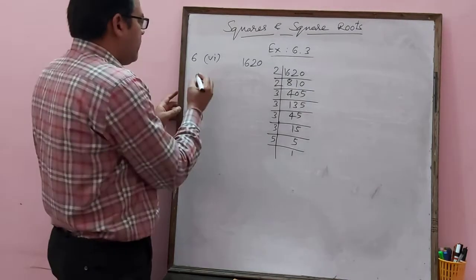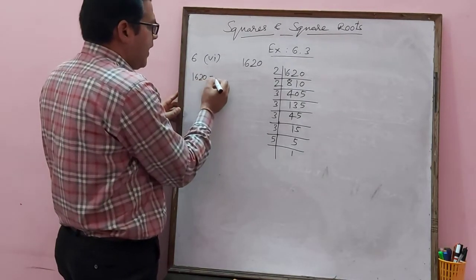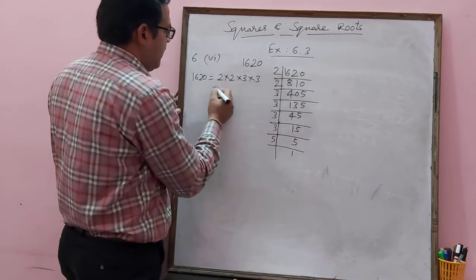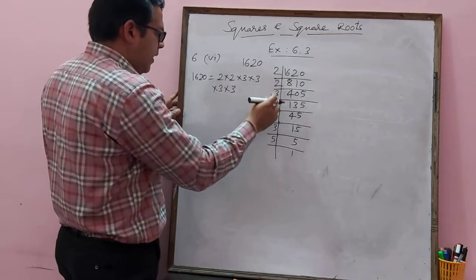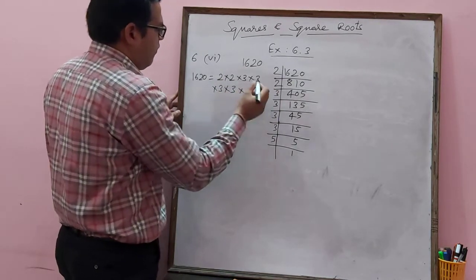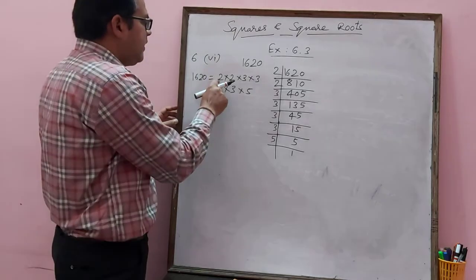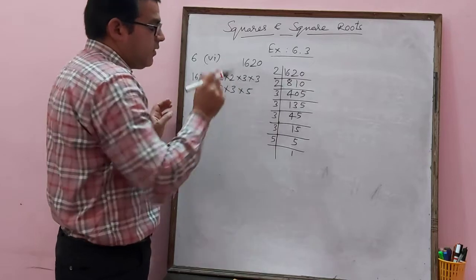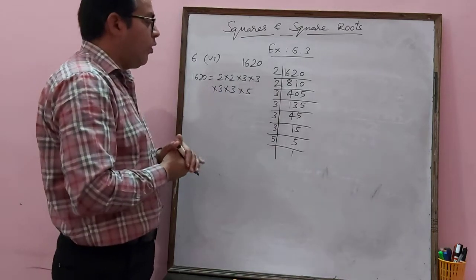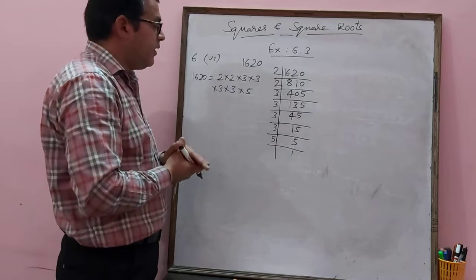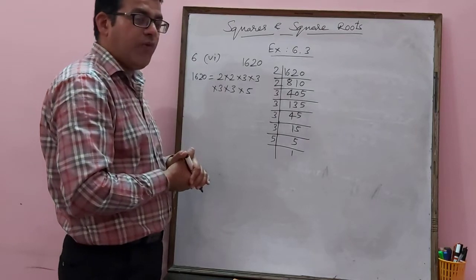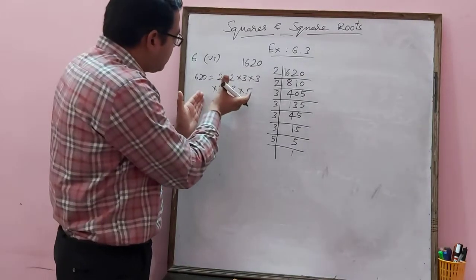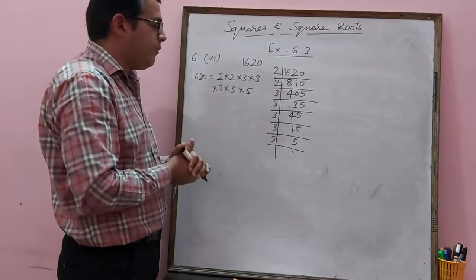So the factors of 1620 are 2 into 2 into 3 into 3 into 3 into 3, that is 4 times 3, then 1 time 5. Now you can see this 2 we can take as a pair, these 3s also, but 5 is alone here. It means we can't make a pair of 5. If we remove this 5 from the list of prime factors, then we can make it a perfect square.